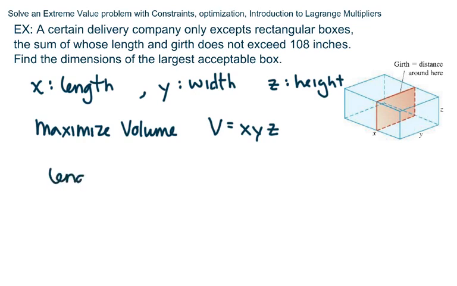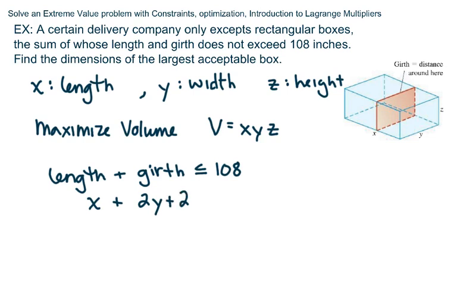So that means that length plus girth must be less than or equal to 108. My length is going to be x, and the girth is the sum, or the perimeter around these edges, so that's going to be 2y plus 2z. And since we want to utilize all of our volume, we want to say this needs to be 108.